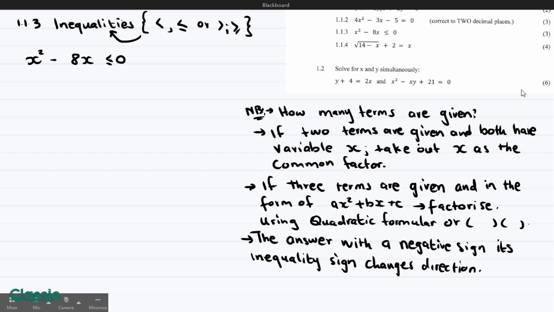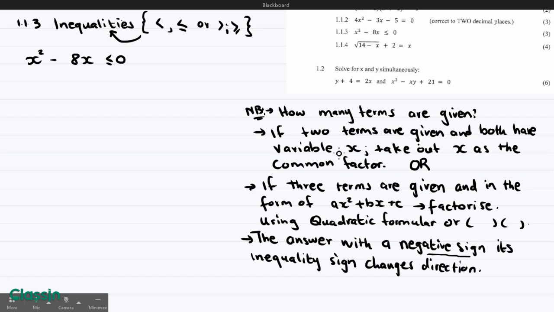Now, we are going to do this, the statement. It means that when the situation comes, after we deal with these two situations, the answer with a negative sign, its inequality sign changes direction. Only the answer with the negative sign. Keep in mind.